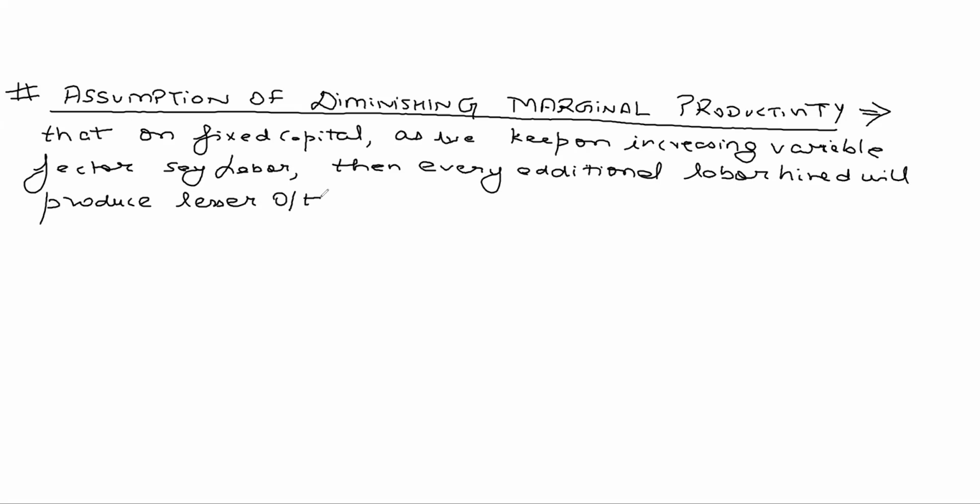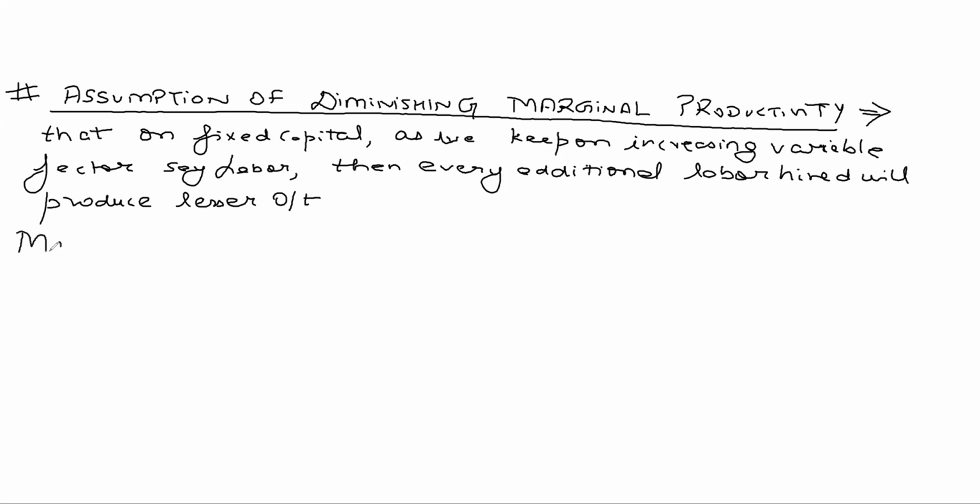On the fixed capital, if I keep on hiring more and more variable factor, which is labor, then every additional labor you hire will produce lesser output than before. So this is the assumption of diminishing marginal productivity.